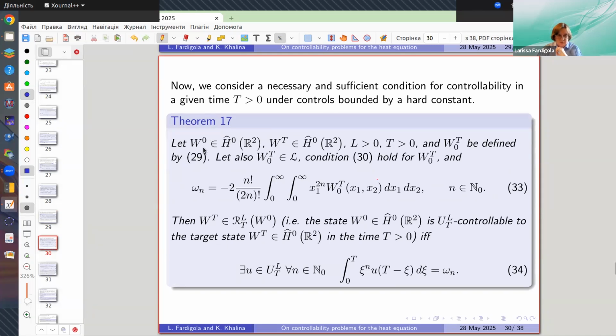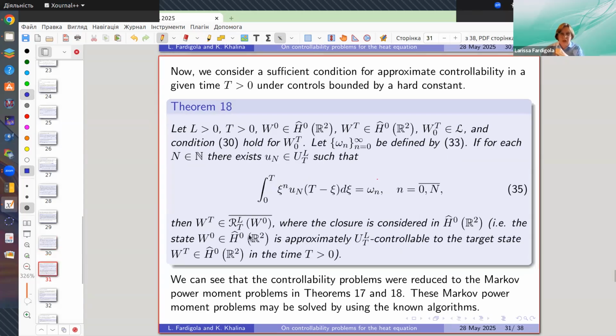If we consider W0 from H hat 0, WT from H hat 0 also, and W0T defined by our formula, we can define omega n according to this condition, and then we can state that WT belongs to RTL of W0, that is, the state W0 is UTL controllable to the target state WT in the time T, if and only if the following Markov power moment problem is solvable.